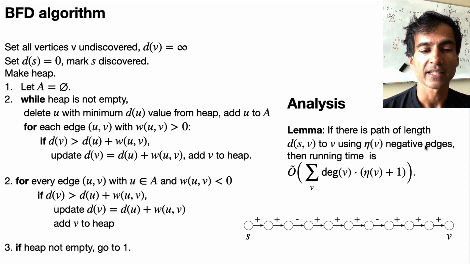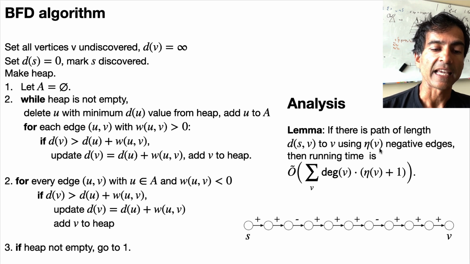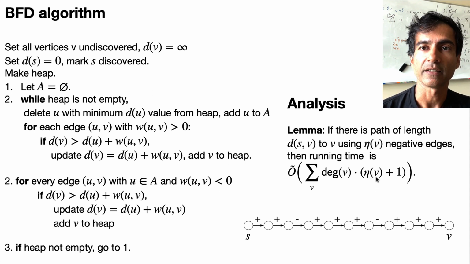We'll show that if you're guaranteed that for every v, there is a shortest path from S to V using at most eta of v negative edges, then the running time of this algorithm can be bounded in terms of this parameter eta of v.